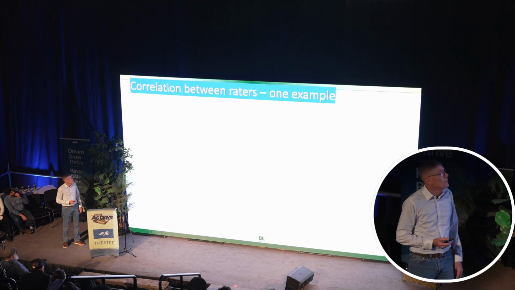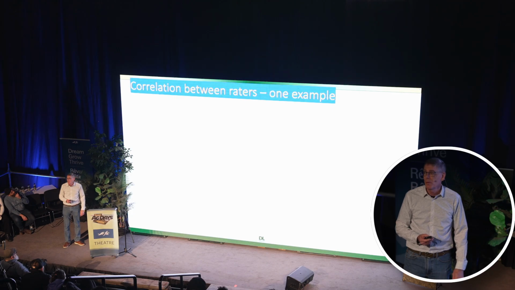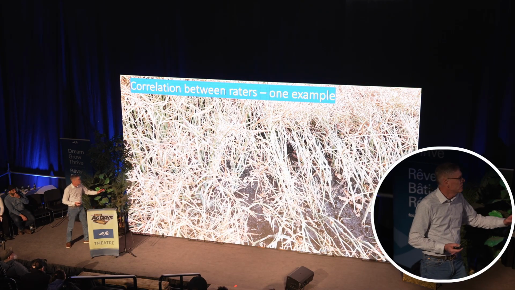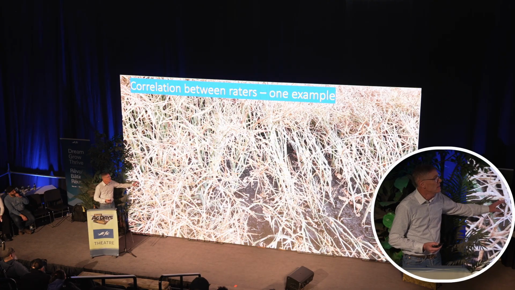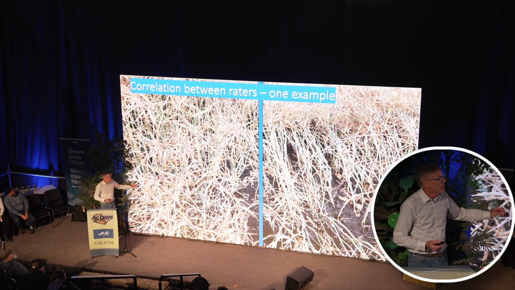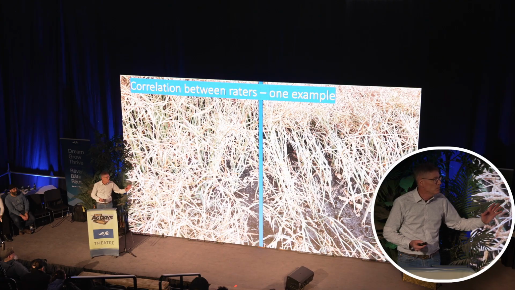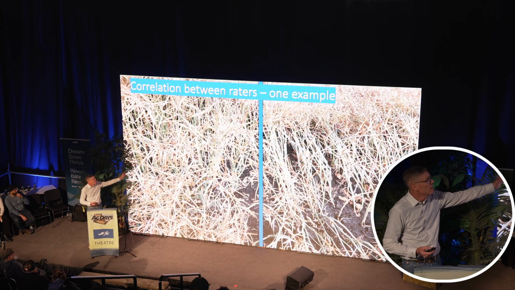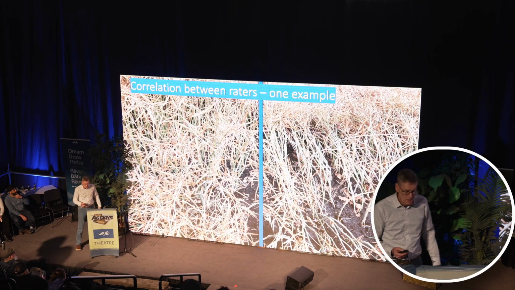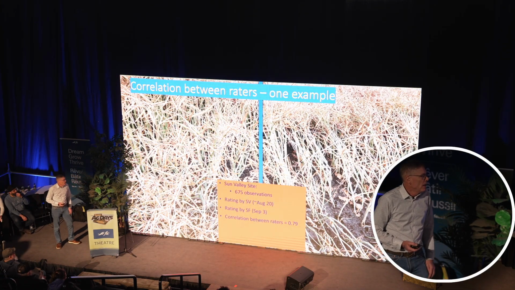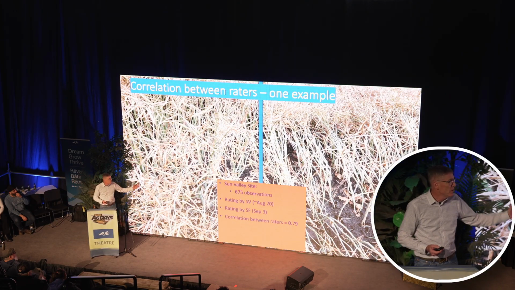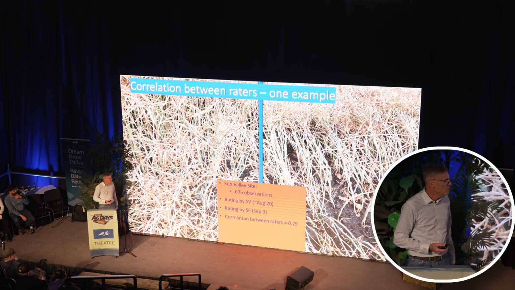Okay, correlations between raters. There's got to be more than one person looking at this disease. This is actually from just near Sun Valley, north of Morden, and it's a heavily infected plot. These are two plots side by side, a more resistant one and quite a susceptible one. We had 675 observations taken in this set of experiments.